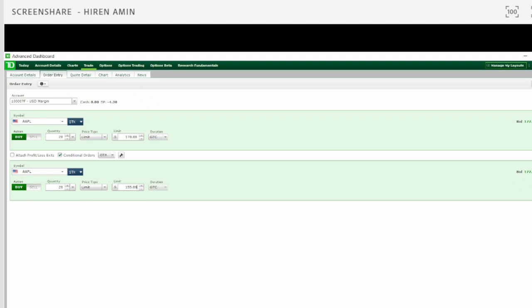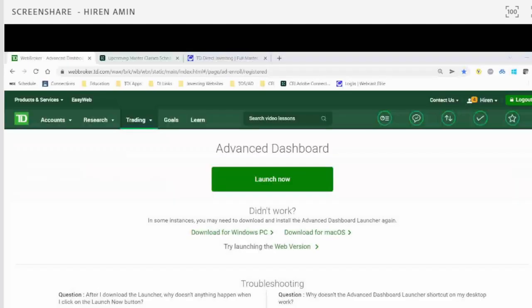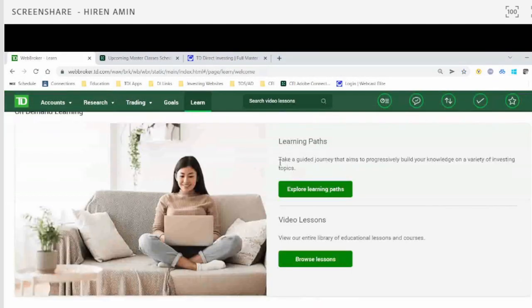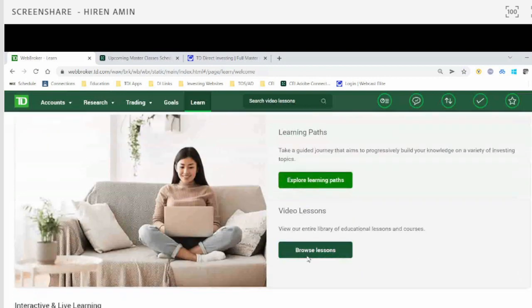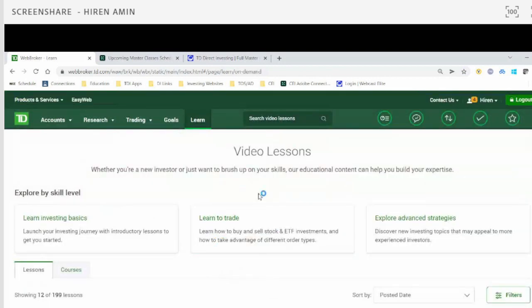All right, so is everyone good for a break at this point? How did everyone find that? I'm just going to share WebBroker for a second. As I said, if you guys want to explore these, we have a learn section in WebBroker, which is fantastic. In our learn section over here, you can go to browse video lessons.